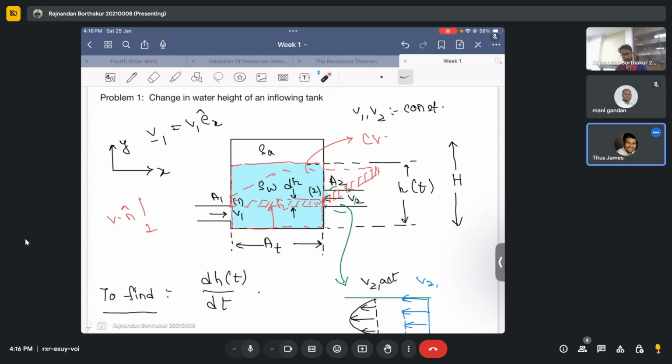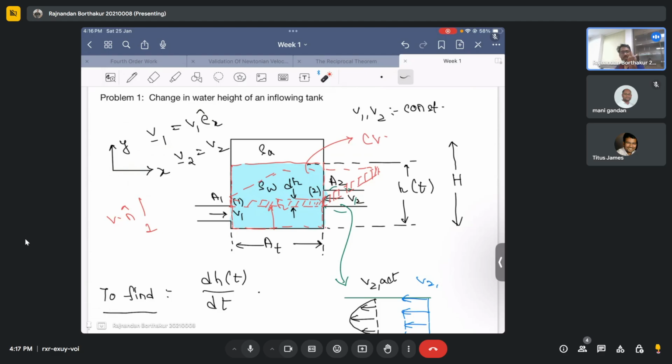It's v2, but in this form, the magnitude is v2, and what is the direction? Is it plus ex or minus ex? See, ex is in this direction. Yes, you were correct. It's minus ex basically.